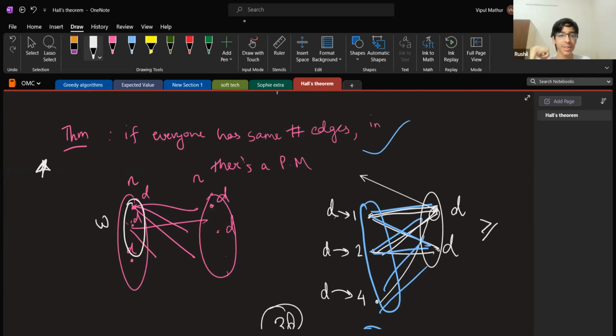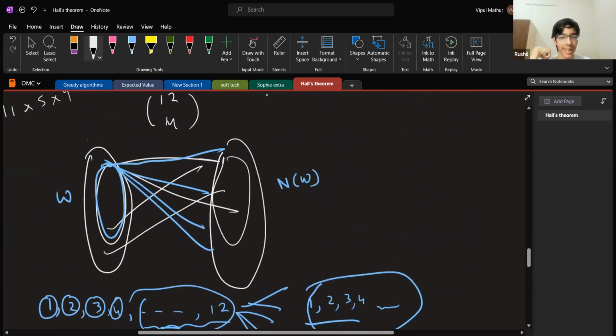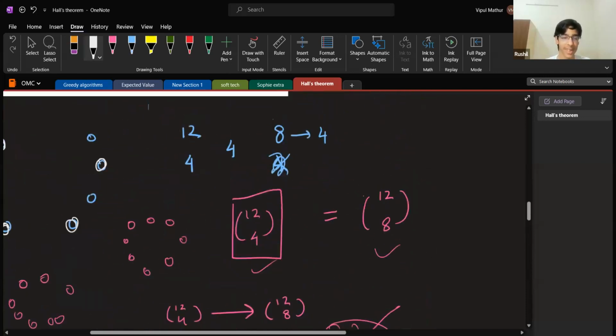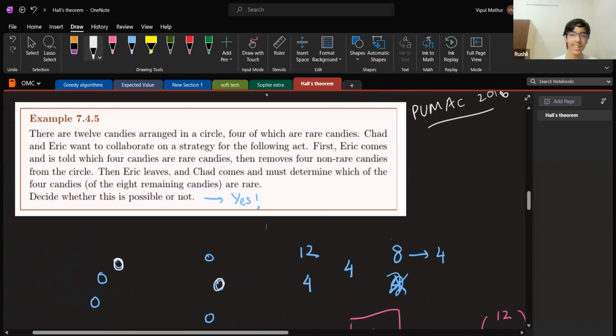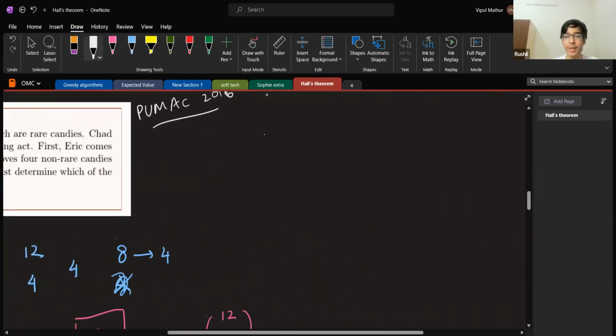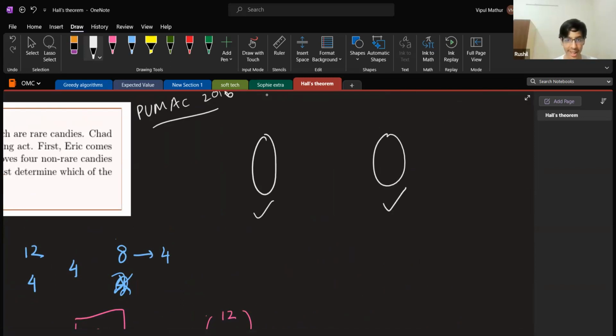And apart from this, it's also useful to remember this sort of idea: how do we think of Hall's theorem here? That's the question, right? The idea is that you kind of want to match. There are like two sorts of things that are there. One is what you see, one is what your friends see, and you want to match them, right? Kind of like you want to pair things up.